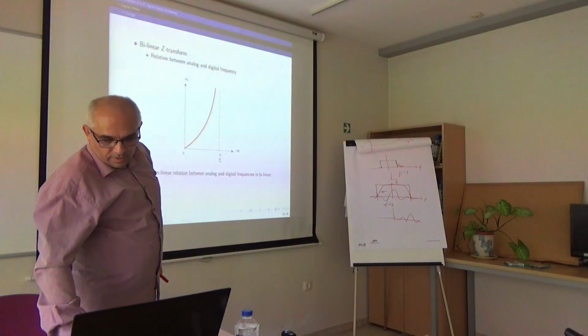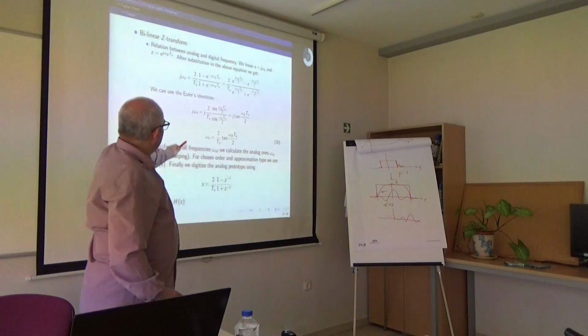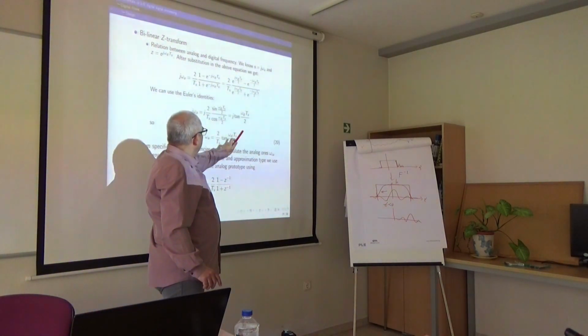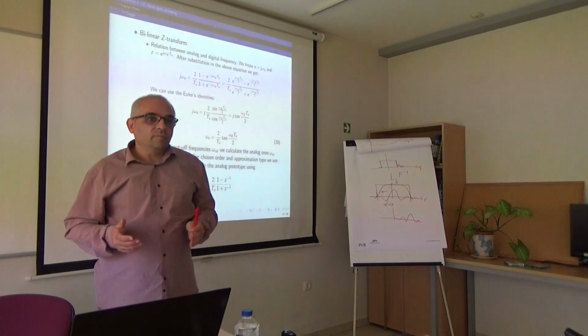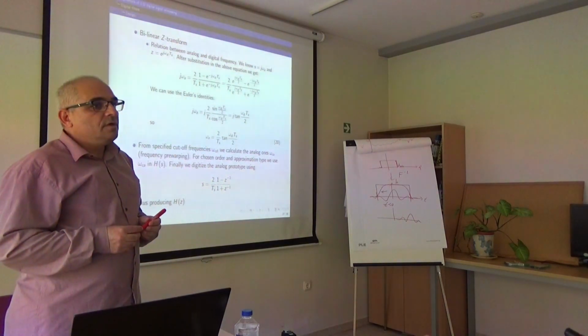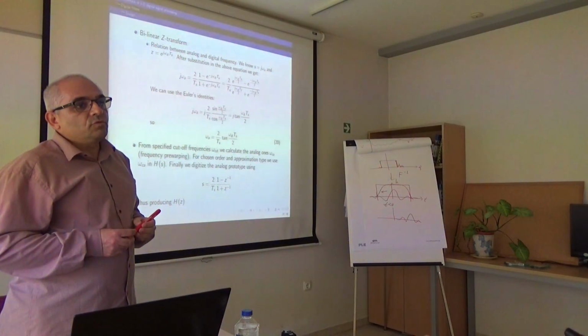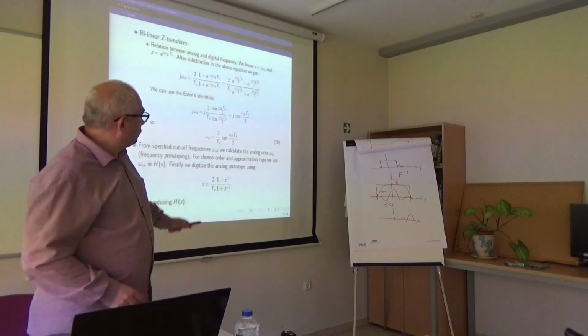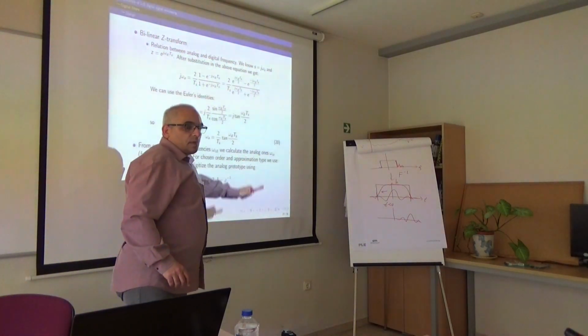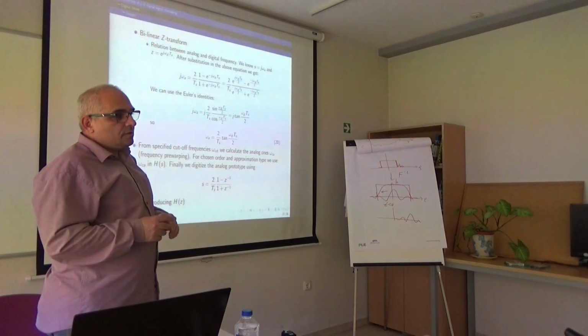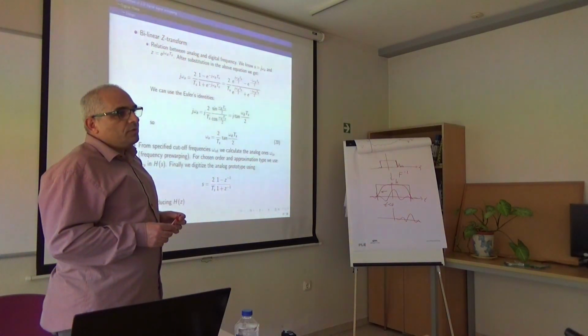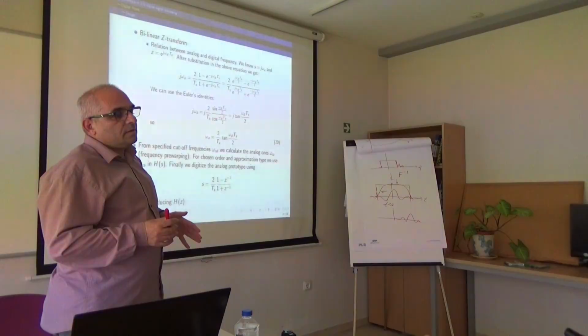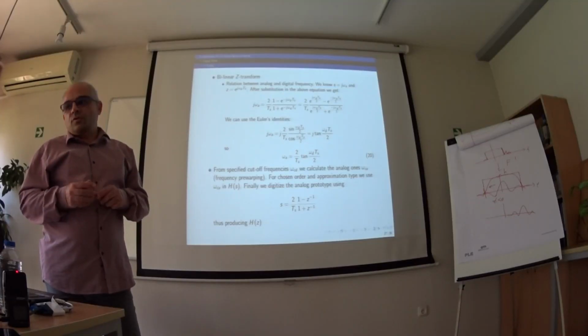We have the following relation, analog frequency and digital. When we design the filter, we can pre-calculate the cutoff frequency according to this. After that, we can synthesize the analog filter, and then transfer it into the digital domain.